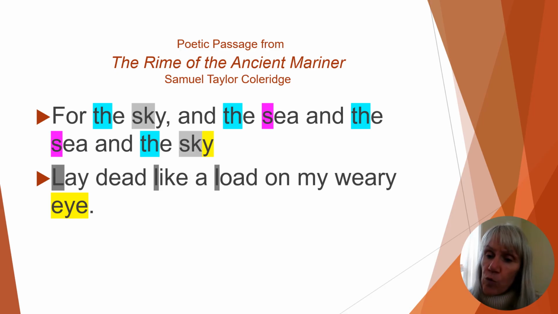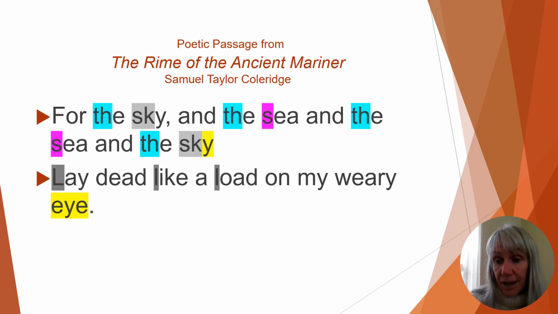And what about our rhyming then? That was our onsets. We had a lot of alliteration in these two lines, and Samuel Coleridge was known for his alliteration in his poetry. But we also have rhyming. So the words at the end of each line rhyme, okay, because they have the same rhyme. So when I look at the word sky, the last sound I'm hearing in my rhyme is that long I sound, and that is repeated in the other line's last word.